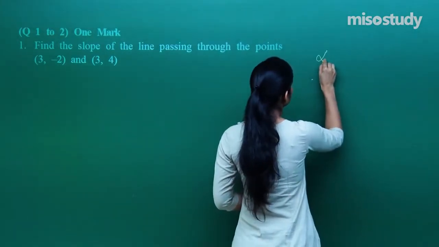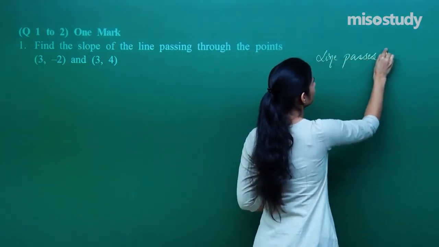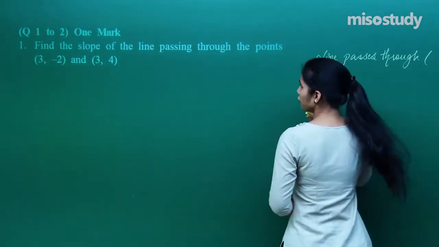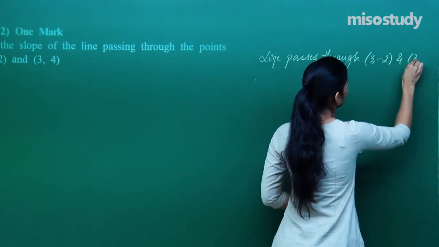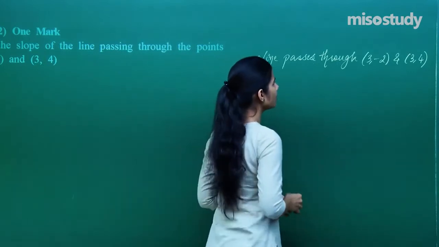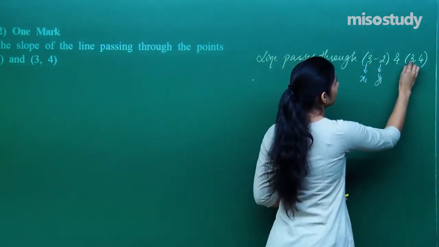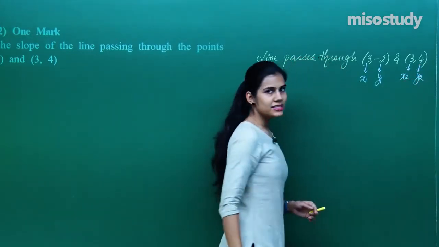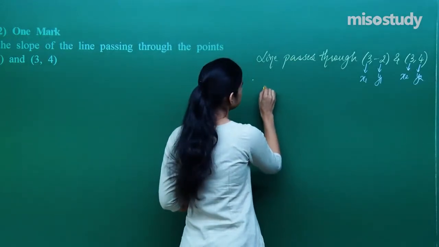So I will say the line passes through (3, -2) and (3, 4). Let me say this is x1, this is y1, this is x2 and this is y2. Line passing through 2 points (x1, y1) and (x2, y2) will have slope as what?